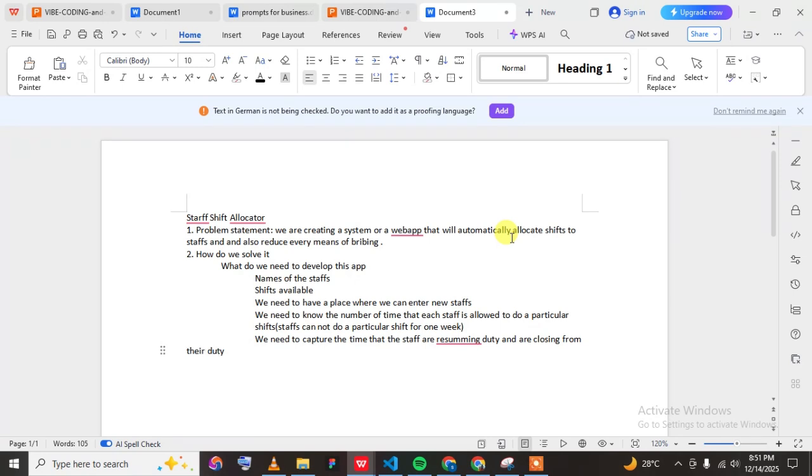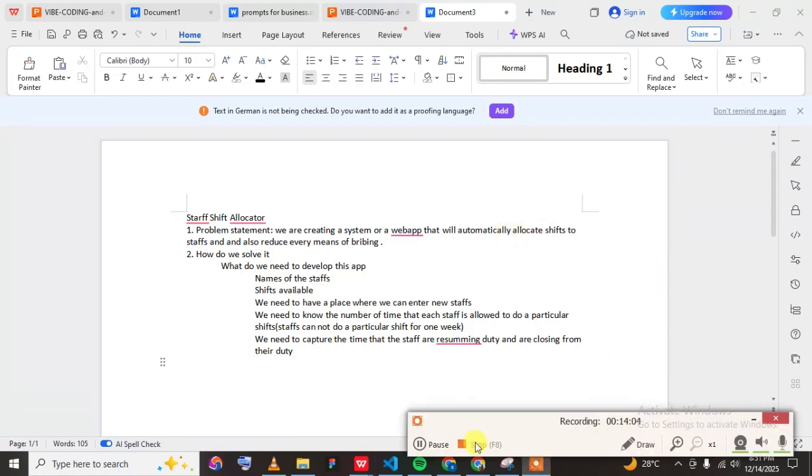We need that time. Okay, what is the next thing after we've known the time they are resuming and closing? We are capturing the sign in time and we are capturing the sign out time.